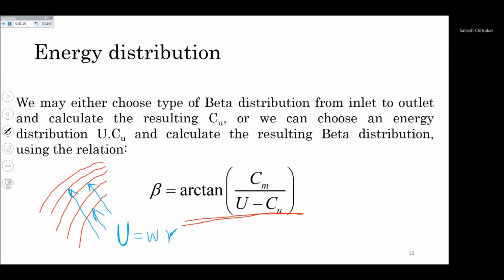And similarly at the outlet, I got this question last time. At the outlet, before we were only looking into this point, but now this point has different U, this point has different U, and all the points will have a different value of the tangential speed. That is why we will have a beta distribution at the outlet as well. We will have a beta distribution throughout our streamlines. So there will be different values of all these components that we calculated, because our U will be different in all these points.